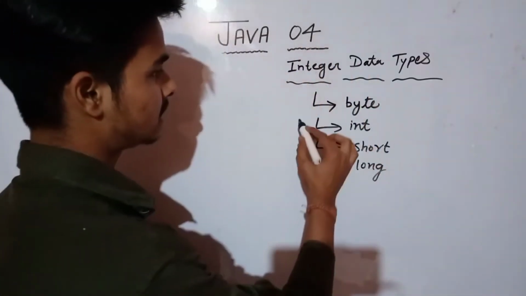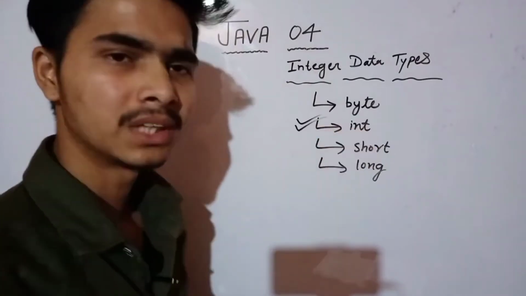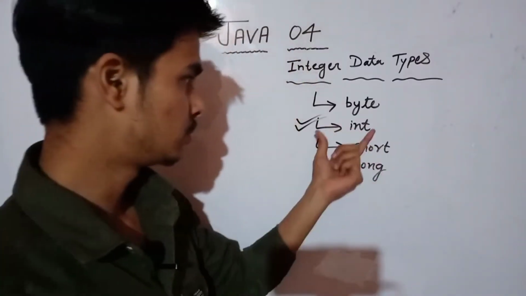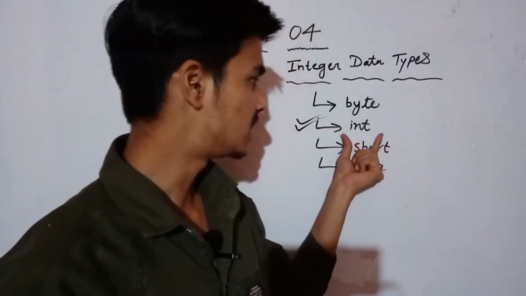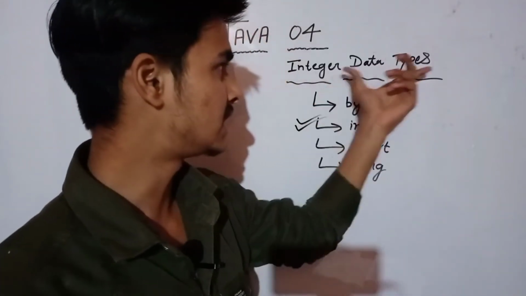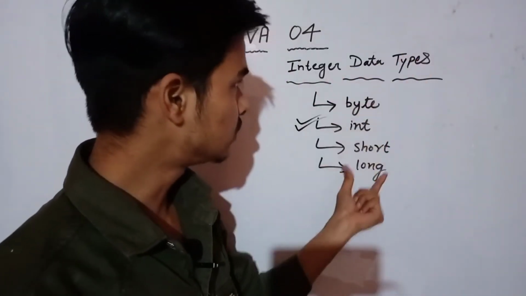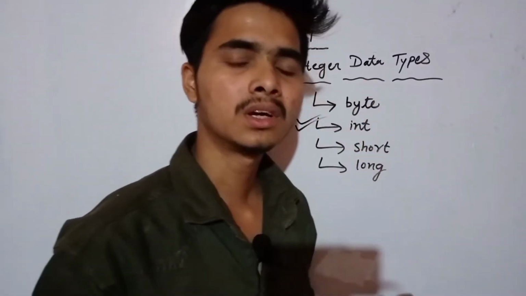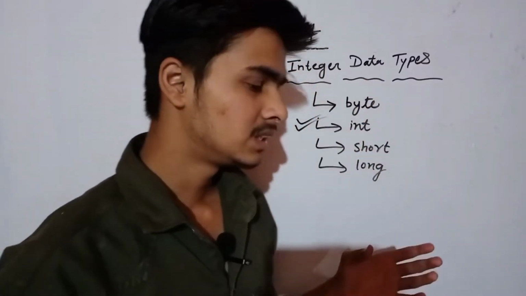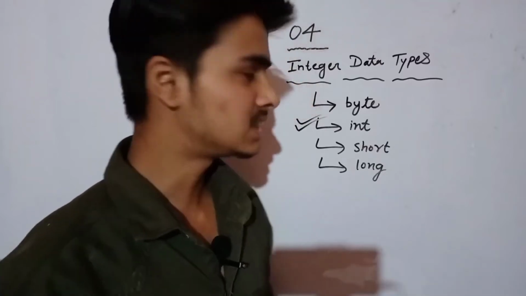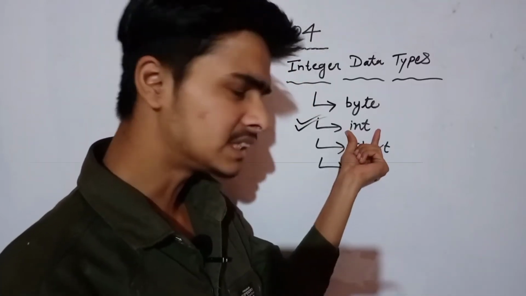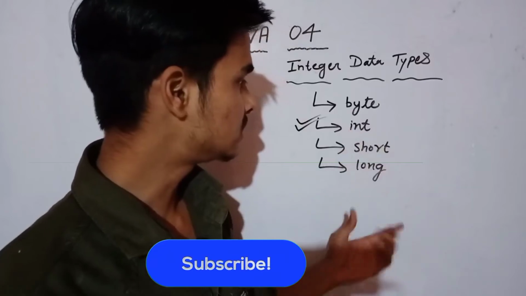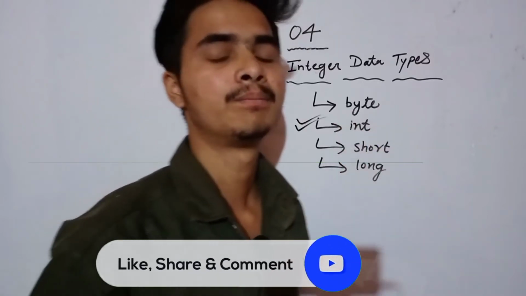One we have already seen is int, and this is the most widely used data type among the integer data types. The others can also be used for integers. Now your question would be, if we can store every integer in a single integer data type, then what was the requirement of short, long, and byte?